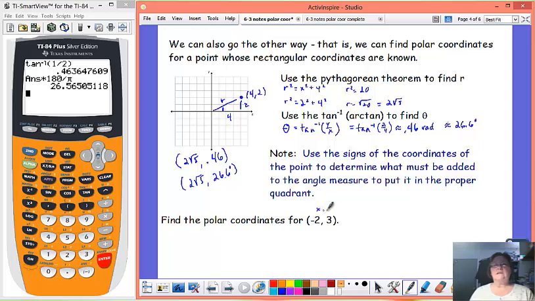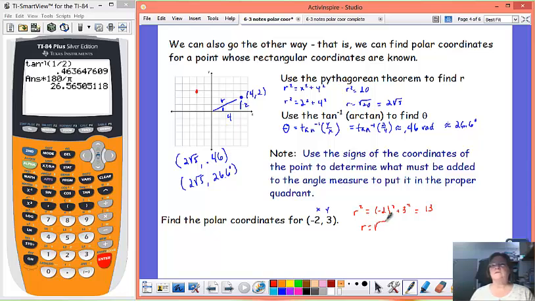We have an x of -2 and a y of 3, and that puts us up here. There's our point. Okay? We know to find the radius, you use the Pythagorean theorem with x and y. So r squared is equal to -2 squared plus 3 squared, and that means our r squared is 4 plus 9, 13.